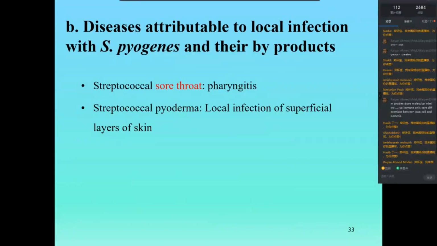Another one is called rheumatic fever, and this is because the bacteria share some similar epitope with the tissue of the human heart, on the heart muscle or the heart valve.